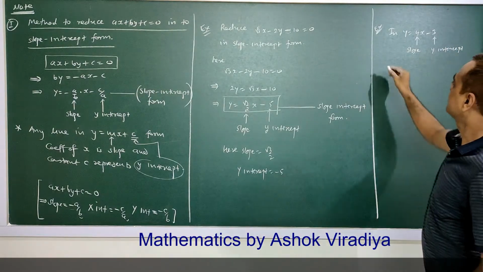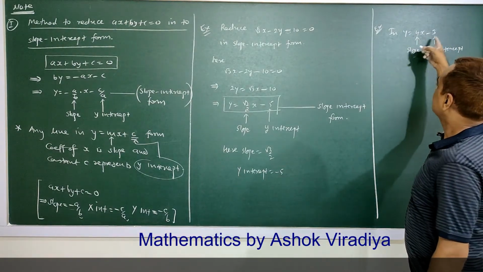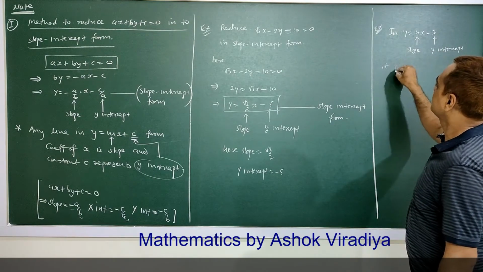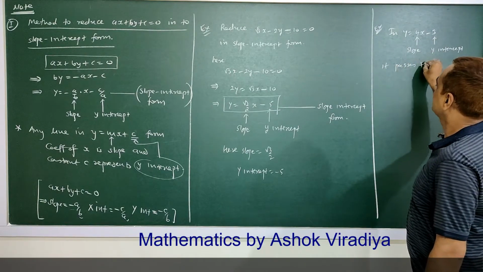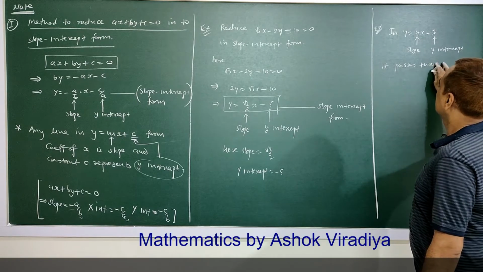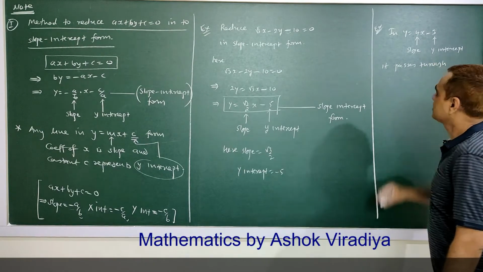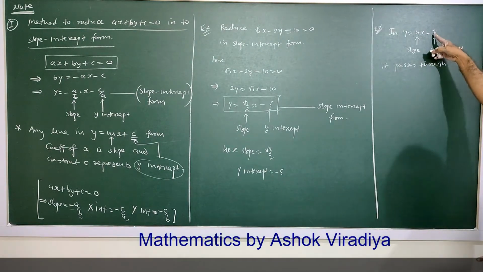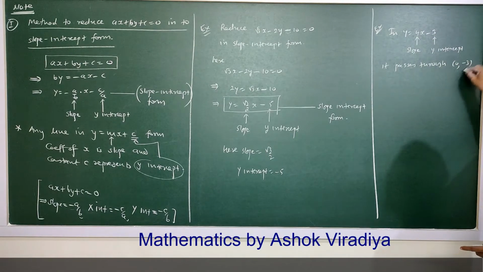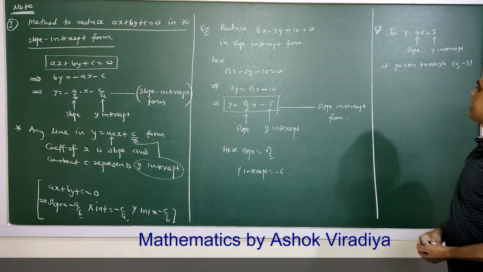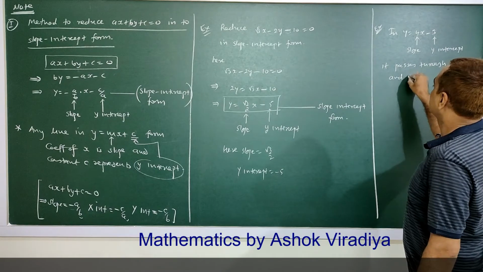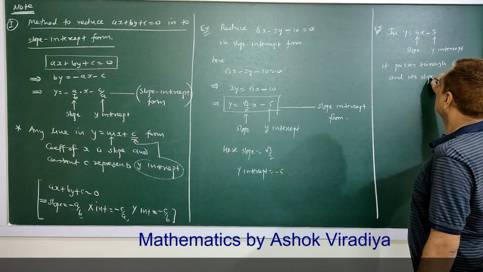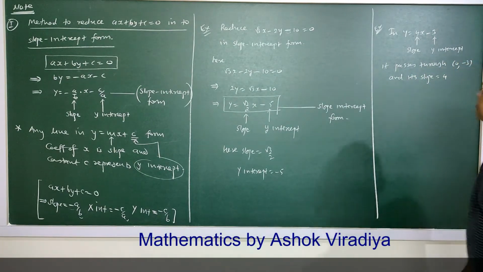So this line passes through, because the y-intercept is minus 3, it passes through 0, minus 3, and its slope is 4.